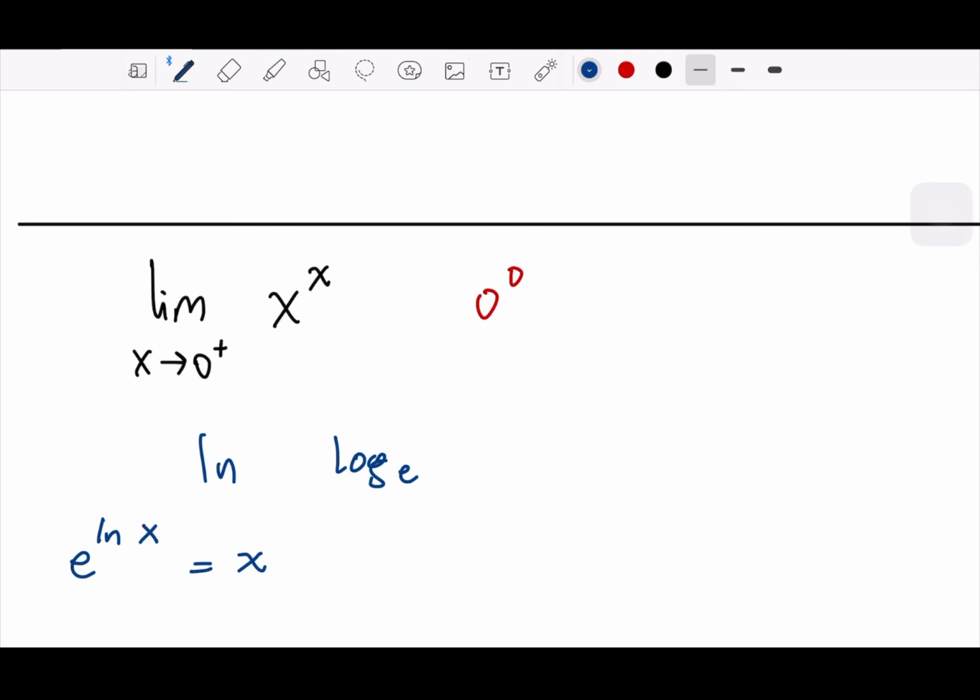This is one of the properties of the log and e. So we can take the ln, but we need to have the e. So we can take this into the form so that we can take this x to the front.